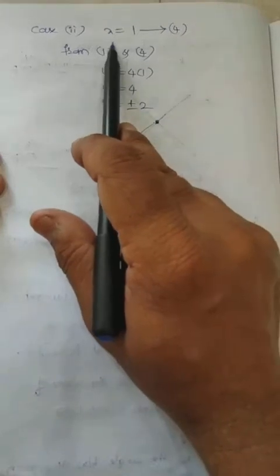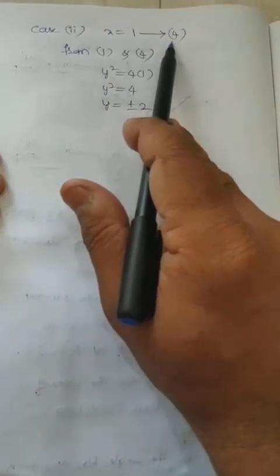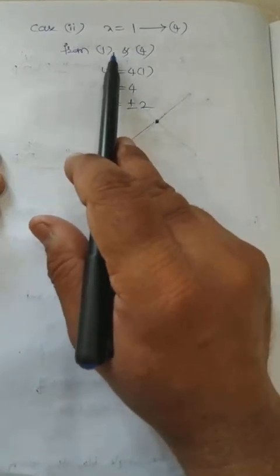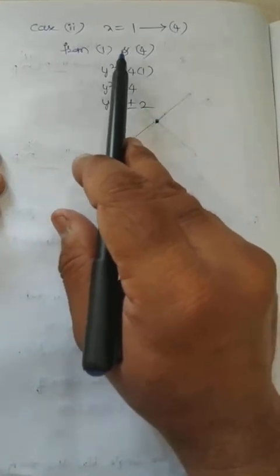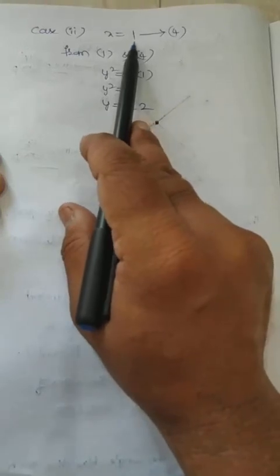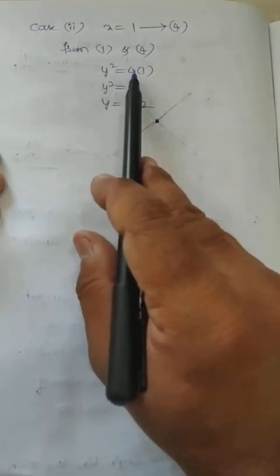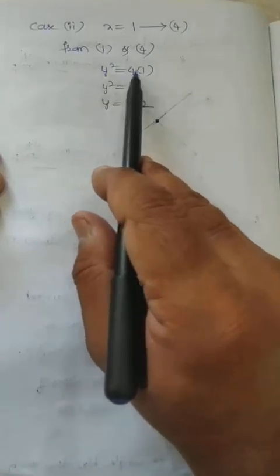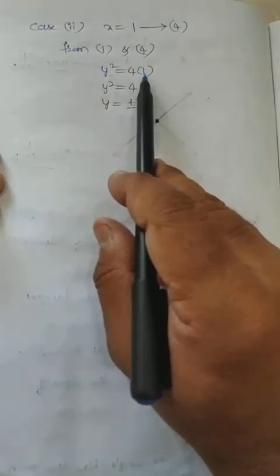Now in case 2, I am taking x is equal to 1. This is equation number 4. From 1 and 4, similar to case 1, I am substituting x equal to 1 in equation number 1, which is y square is equal to 4x. In place of x, I am writing 1.